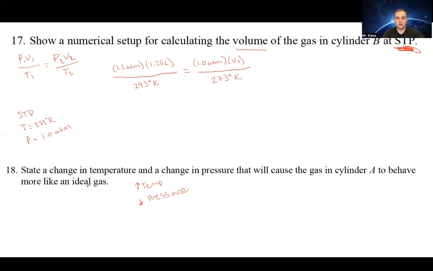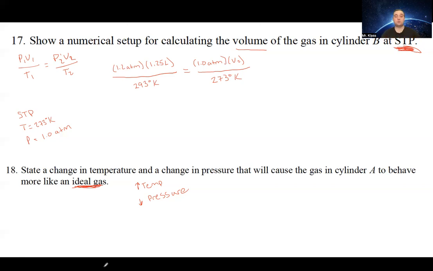Under those conditions, our gas, in this case our methane gas, is going to act most like an ideal gas. So memorize that. Higher temperature, lower pressure. Higher temperature, lower pressure. That's when a real gas behaves most like an ideal gas.